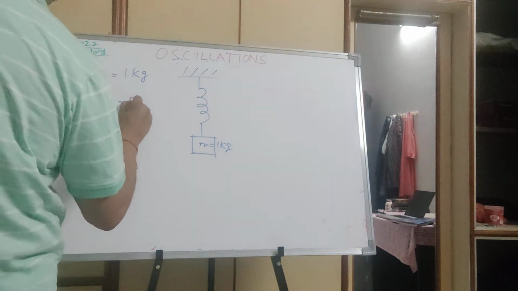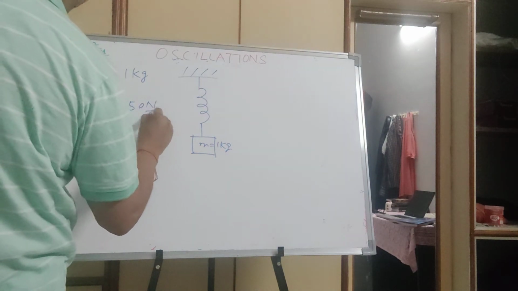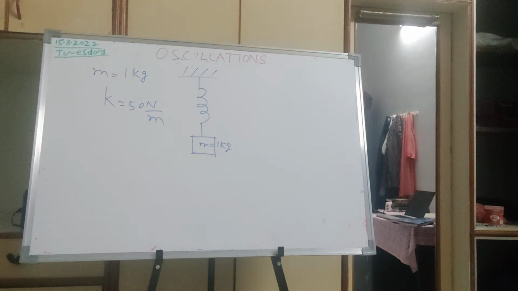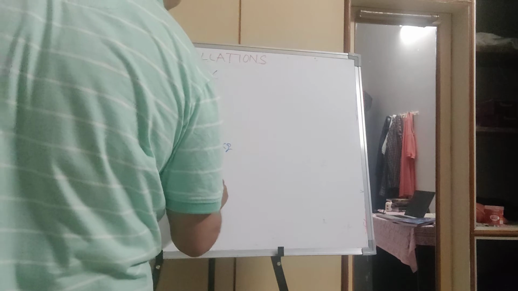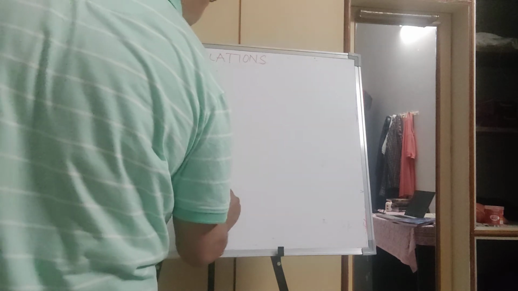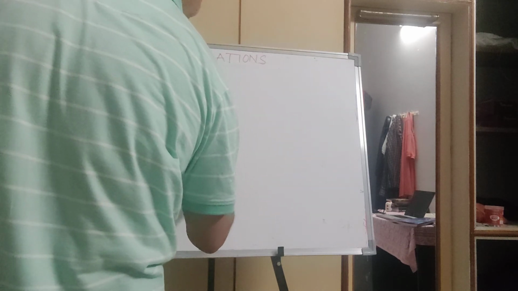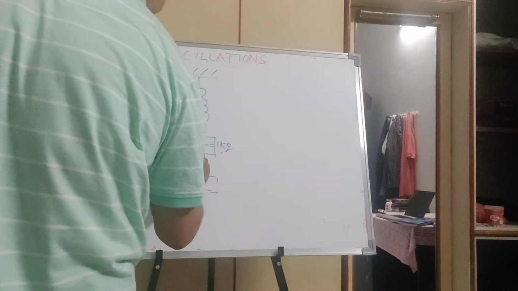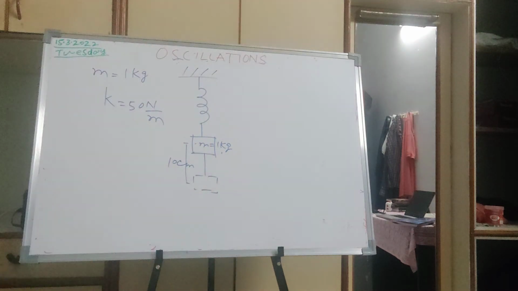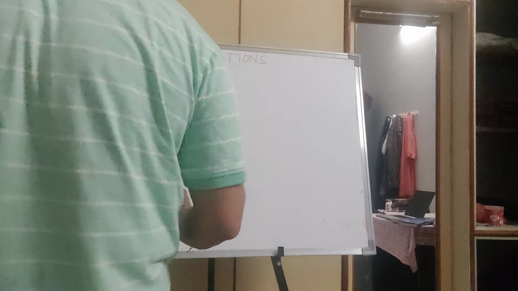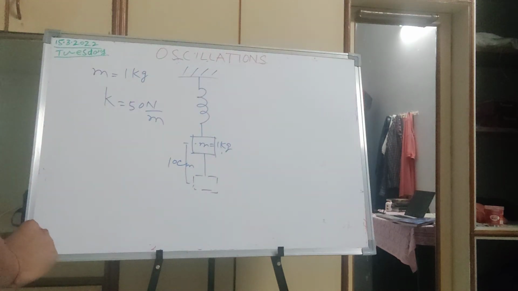The spring has a spring constant of 50 Newton per meter. The block is pushed to a distance x equal to 10 centimeter from its equilibrium position at x equal to 0 on a frictionless surface, from rest at t equal to 0.